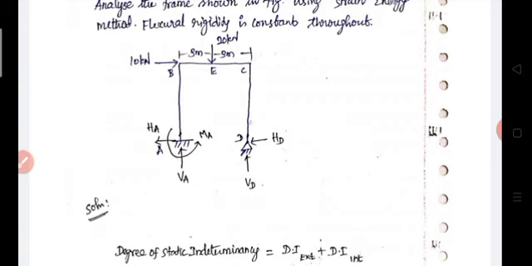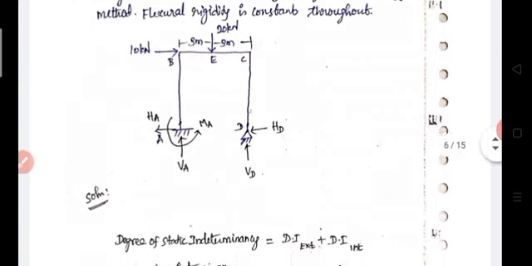If you cut this structure, it is split into two halves, with no connection between the two portions. Therefore the number of closed cuts is equal to 0, so the degree of indeterminacy is finally 2. The beam is statically indeterminate to the second degree.